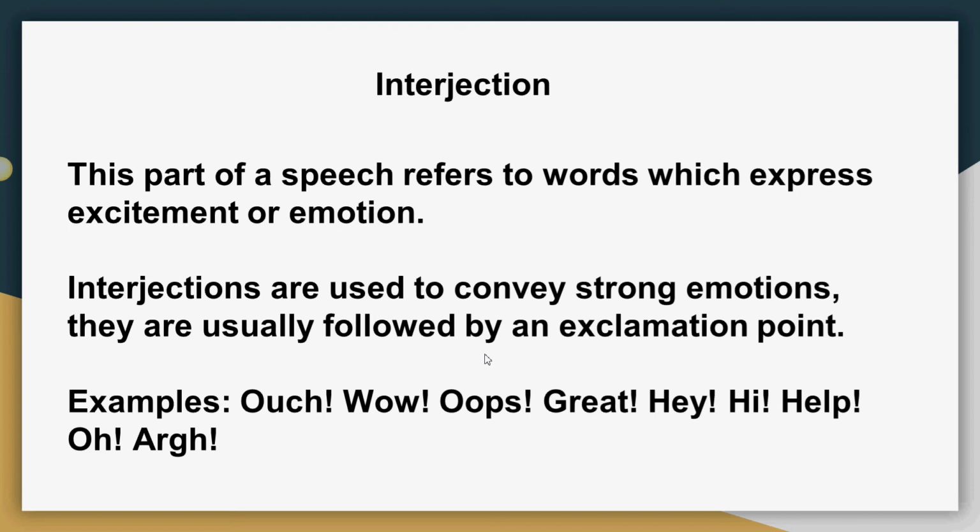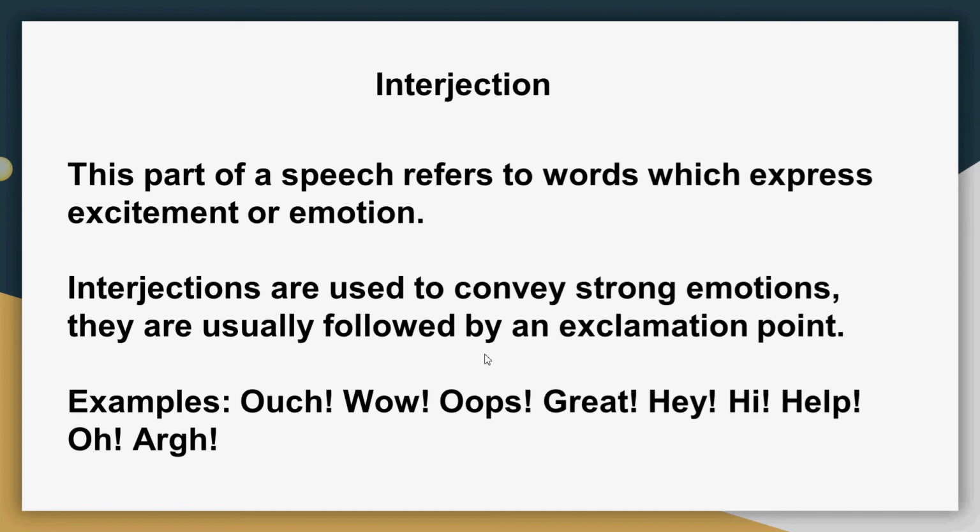Examples are ouch, wow, oops, great, hey, hi, help, oh, ah. These words basically have no real meaning attached to them, right? So grammatically they are not related to the rest of the sentence.